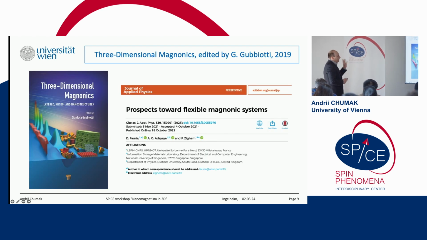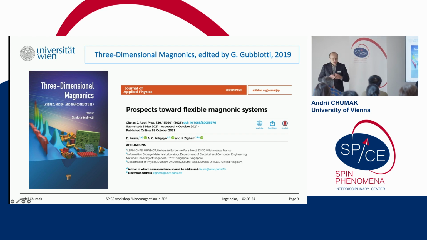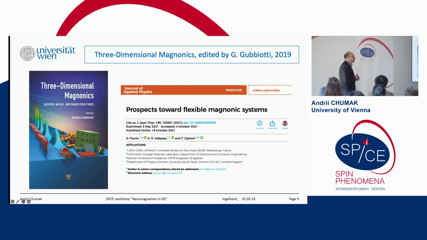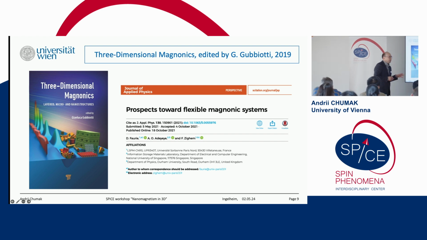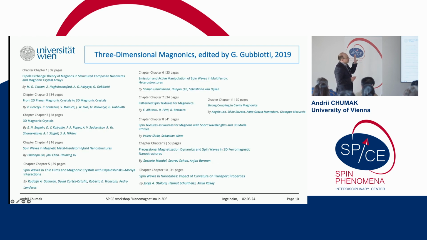So if you check books and review papers, I would draw your attention to this book of Gianluca Gubbiotti in 2019, where it already was a selection of studies, but the field has changed strongly since that time. And also I would like to draw your attention to this review paper of Adekunle on flexible magnonics, but as Denis Makarov has shown, flexible and 3D are always coming shoulder to shoulder. This is a table of contents for the book of Gianluca.